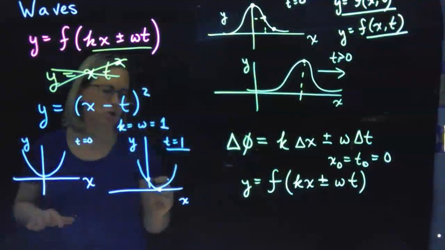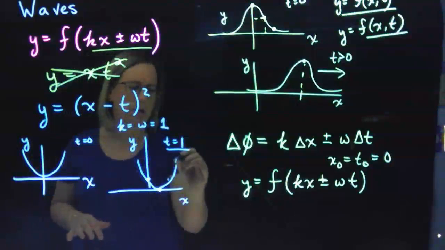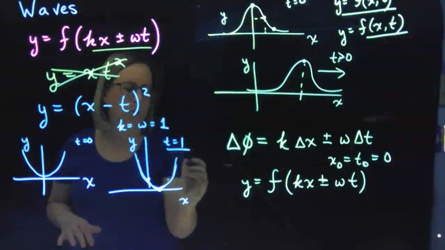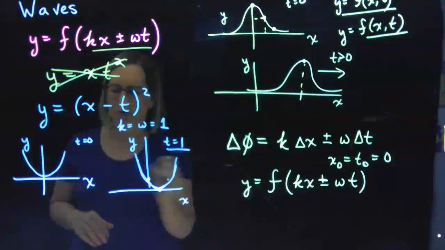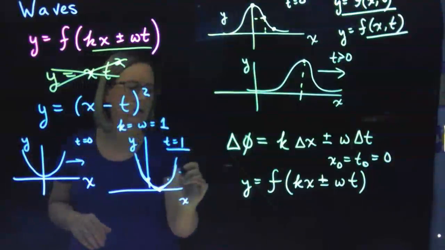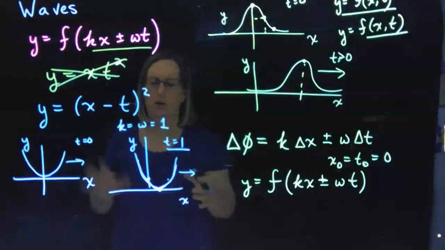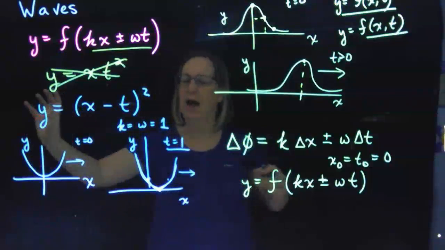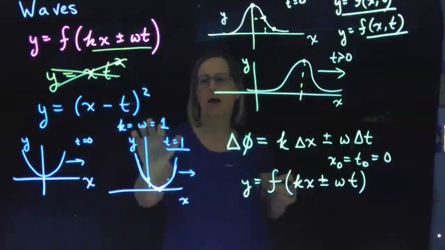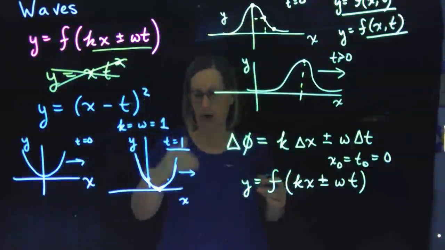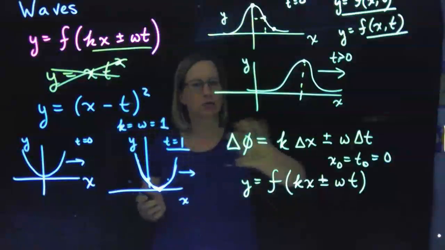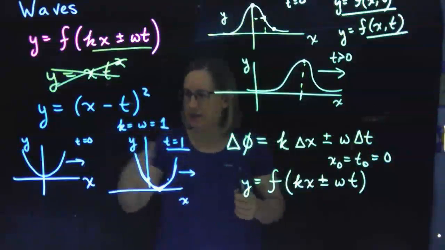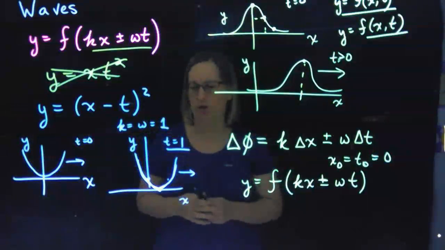It's supposed to be the same shape, but you can get a parabola that now has shifted over to the right. So this is something that's moving off to the right, okay? So what we've done is we've taken a shape, an initial parabola shape, and we've shifted it now as the time increases. And as we increase the time more and more, it'll shift off to the right. If we decrease the time, if we went into negative time, we would go the other direction.